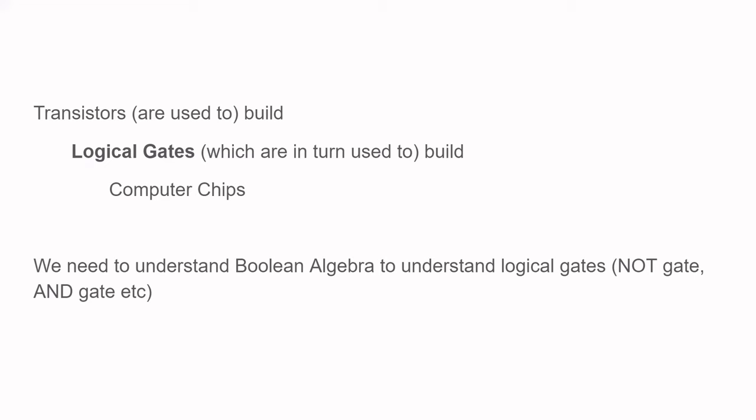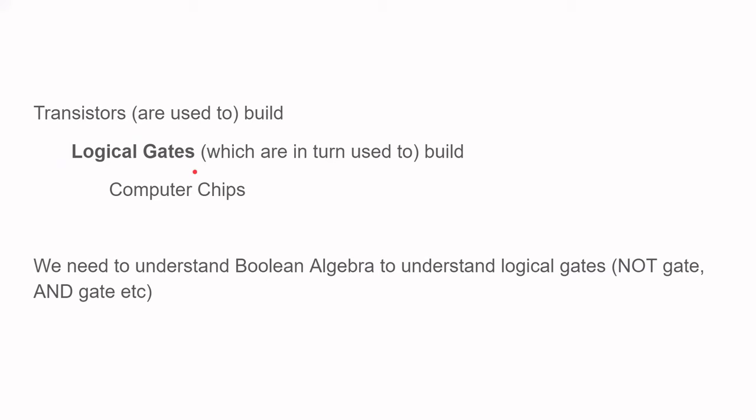When somebody says hello and smiles at us, what does our brain tell us to do? We smile back. If somebody says jerk, what does our brain tell us to do? We frown. We show a sad face. Similarly, electronic devices, transistors, are used to make logical gates. These are like small brains of electronic devices.